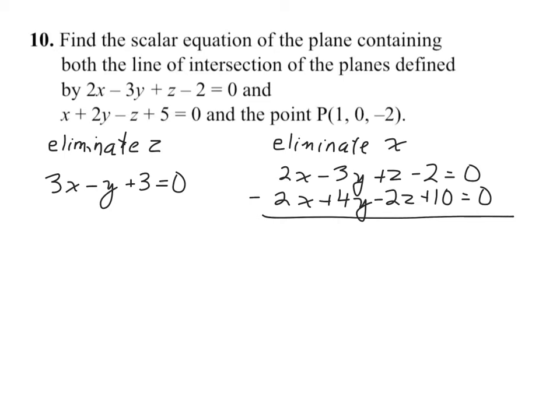And then I need to subtract these two equations. So the x's cancel. -3 minus 4 is -7y. z plus 2z is going to be positive 3z. And then -2 minus 10 is -12 equals 0.